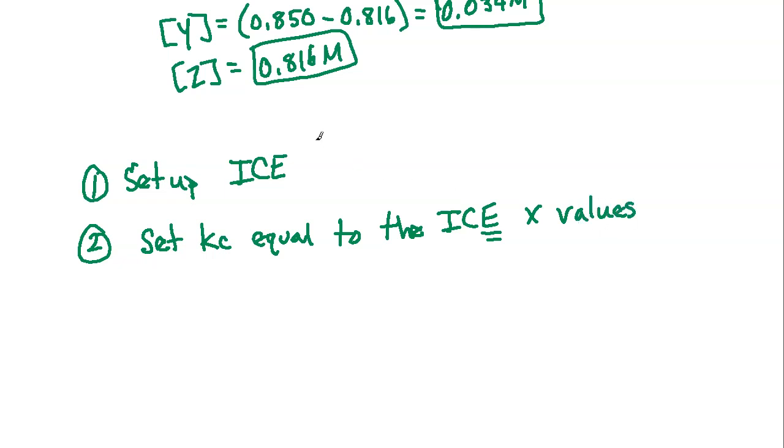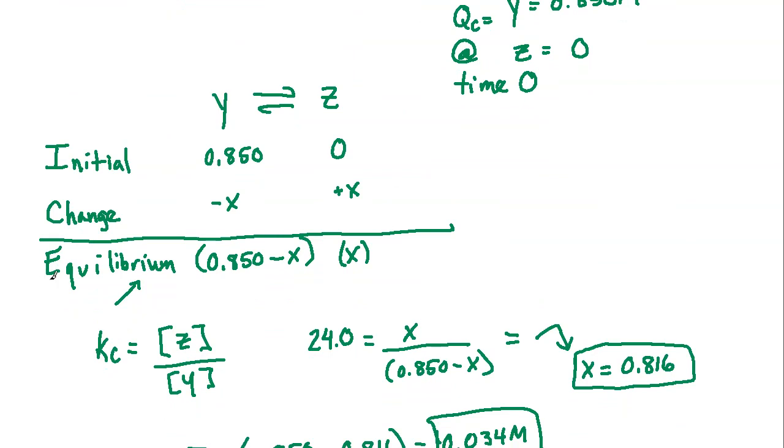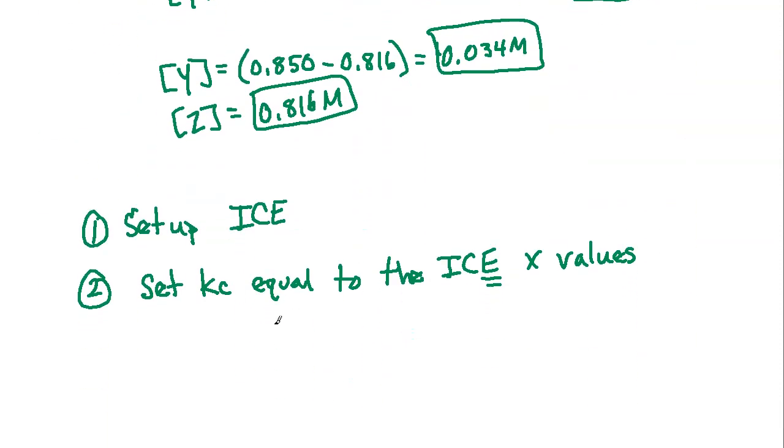So when you go up to your ice table, the equilibrium part, you want to grab these values, whatever you determine they are for everything in the reaction, and those are what you're going to plug into Kc as your placeholders.